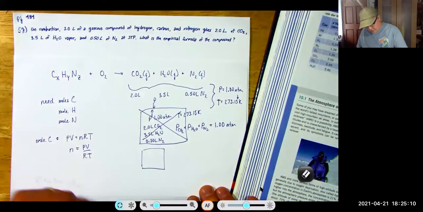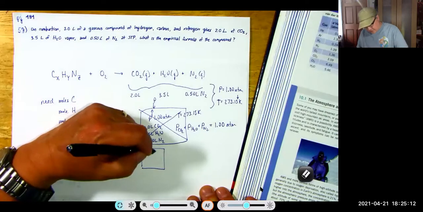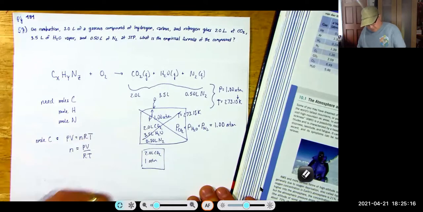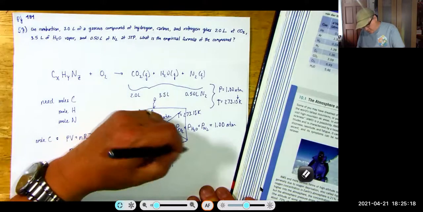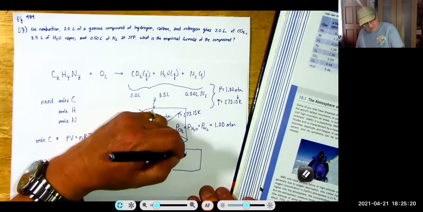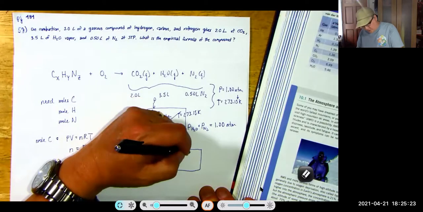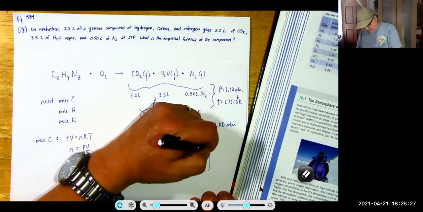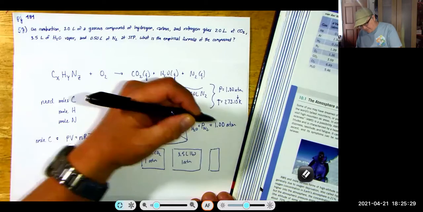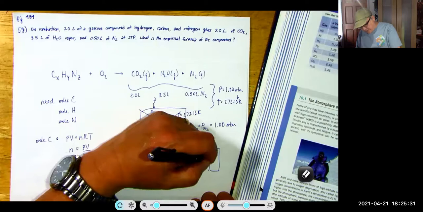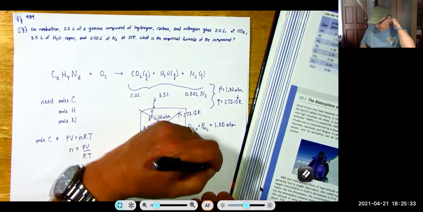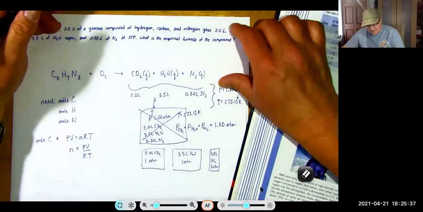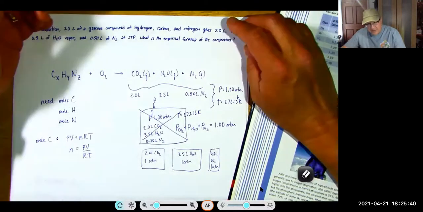You've got 2.0 liters of CO2 at 1 ATM, 3.5 liters of H2O at 1 ATM, and 0.5 liters of N2 at 1 ATM. I'm pretty sure that's what they mean by each of these gases. They're not all in the same container, they're separate. I'm pretty sure that's what they meant.